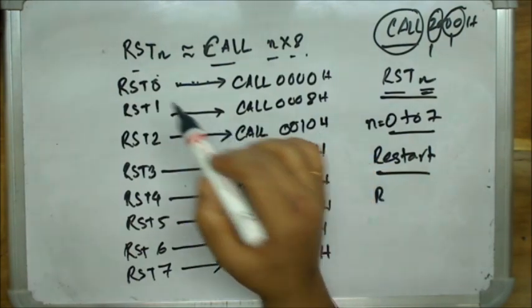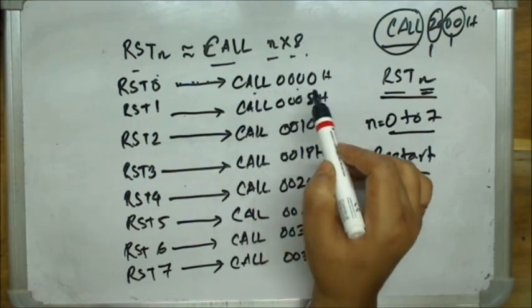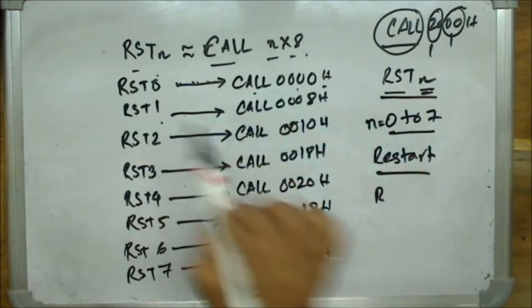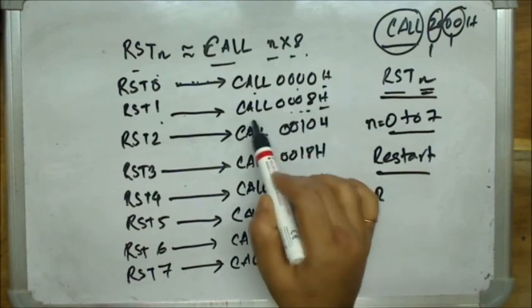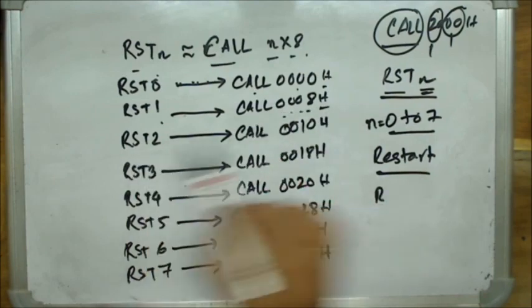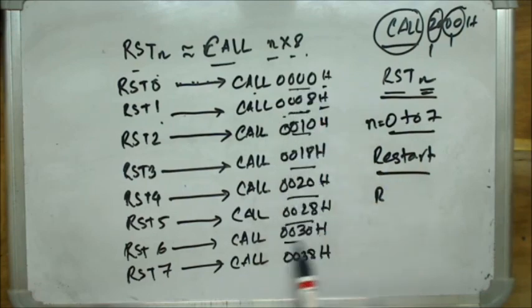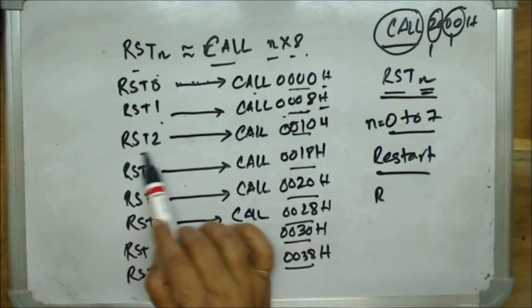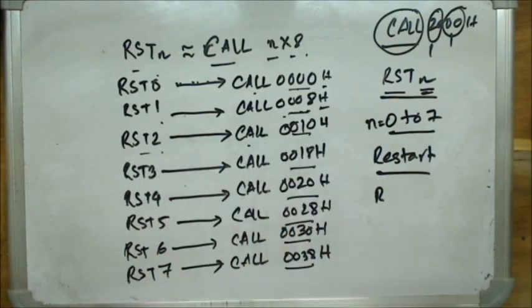If you write RST0, it means call 0000H. If you write RST1, it means call 0008H. These are the subroutine addresses. If you write RST2, it means call 0010H.